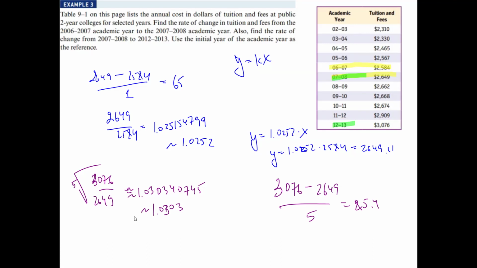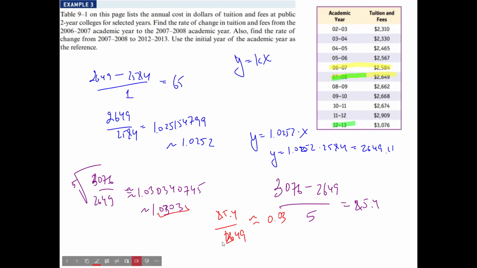How did you know that it's true? This one? Well, I just know the formula. You know what that one is? Oh, that's the geometric mean. Well, you can do this. That's the geometric mean. Now, if you take this over that, divided by 2649, if you take 85.4 over 2649, that's what you get, approximately.